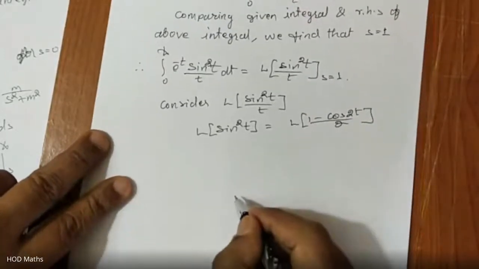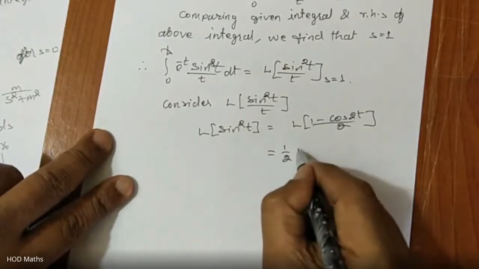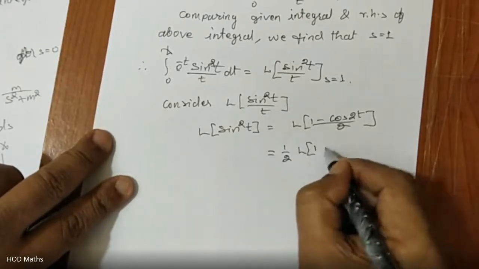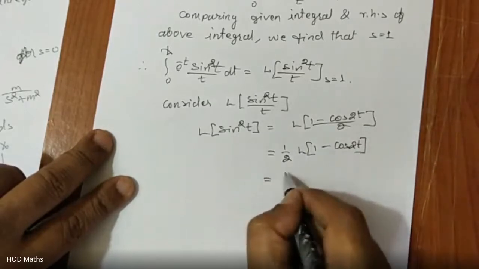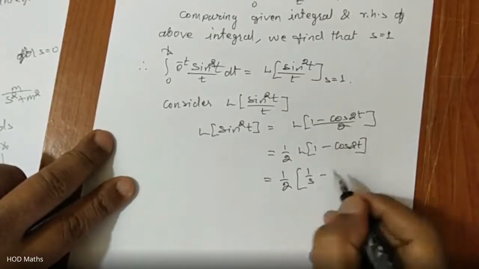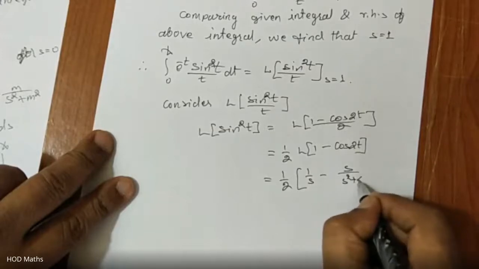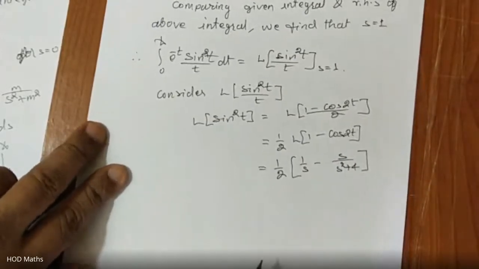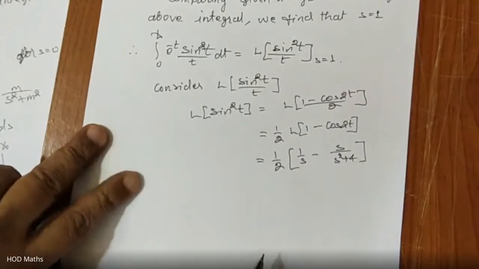For this one we have already studied. So this is half of L of 1 minus cos 2t, which is half of 1 by s minus s over s squared plus 4. This we have already evaluated, I believe.